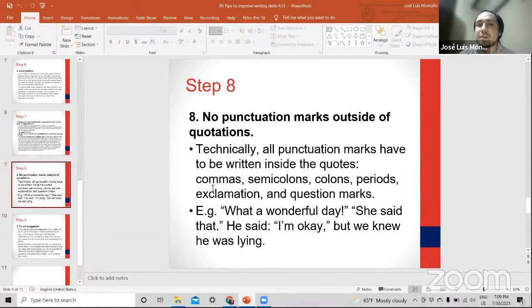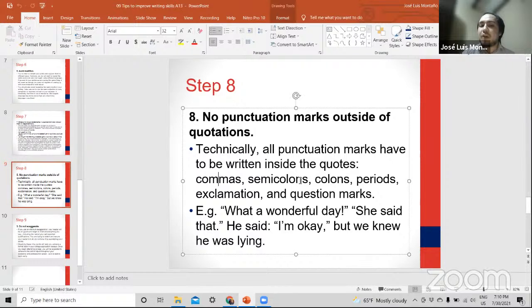So step 8, no punctuation marks outside quotations. This is very important. So technically, all punctuation marks have to be written, this is important, inside the quotes or the quotation marks. It means commas, semicolons, colons, periods, exclamation, and question marks.